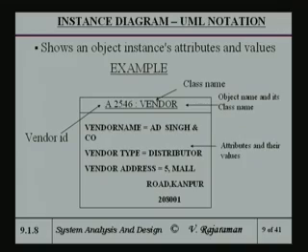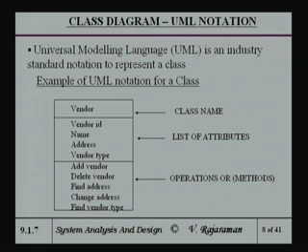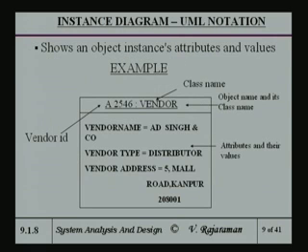When you give actual values and attributes, it becomes an object instance. So an object instance of this object is, say, vendor ID, object name and its class name. Vendor ID is specific, because you want to talk about a specific vendor when you do an operation.